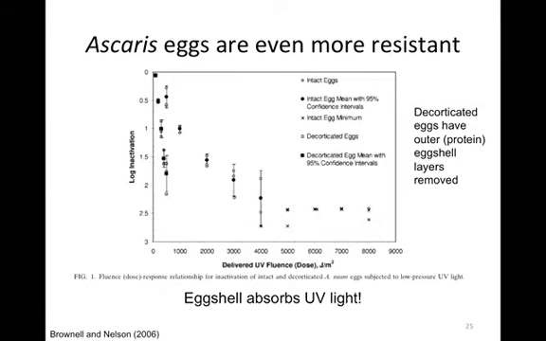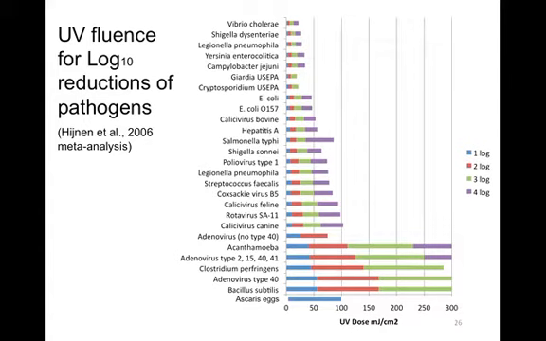So we have to do our conversion here. So that's equivalent to 100 millijoules per centimeter squared. So I go back to that same graph, and now I've added Ascaris eggs down here at the bottom. So we can see that they're even more resistant than adenovirus. So not so effective.